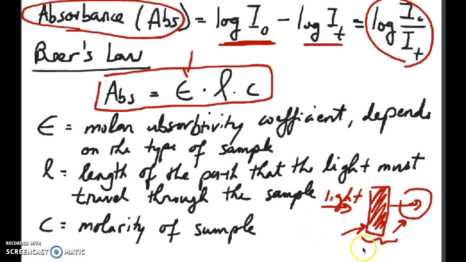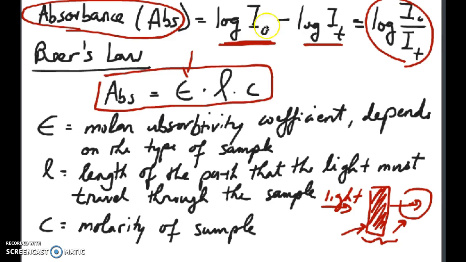So the idea is the following. If I put my sample in a container that looks like this, I shine light on it. When I shine that light over it, the light that comes out on the other side is going to be less intense compared to the light that goes in. The reason is because the sample has absorbed some of that light. I can calculate the absorbance of that sample by taking the difference between the light that goes in versus the light that goes out.